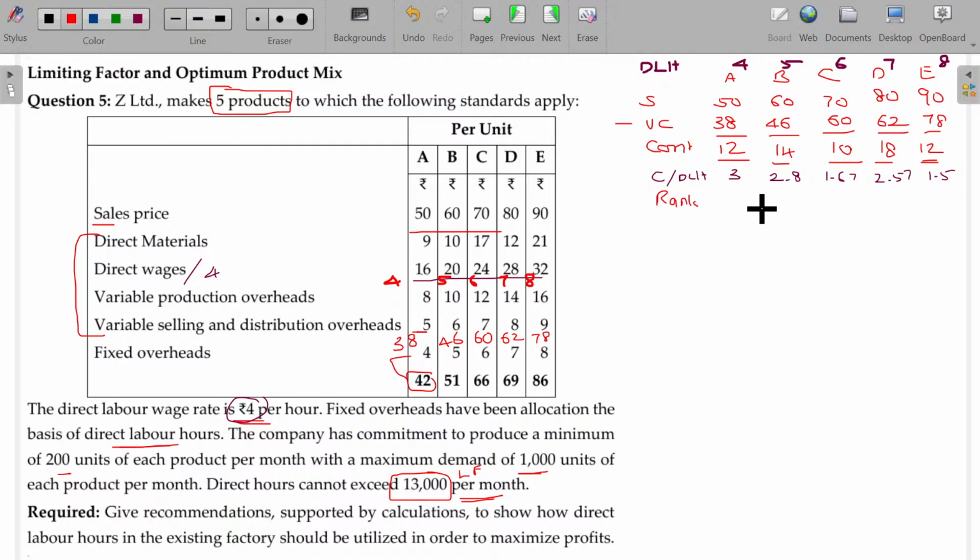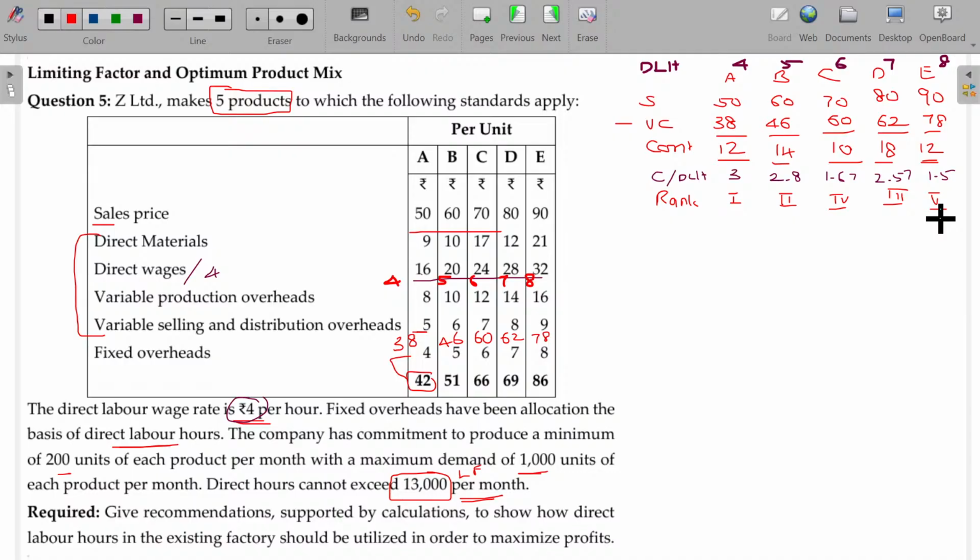Among these contributions, A remains topper, B second topper, D third topper, C fourth, and E is the least choice. Right. So available resources can be used for manufacturing A alone, then B alone, that's A, B, and then D, and then C and E. That's how you can go.